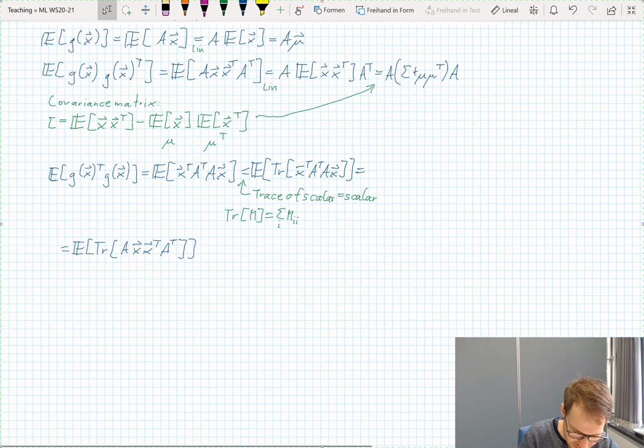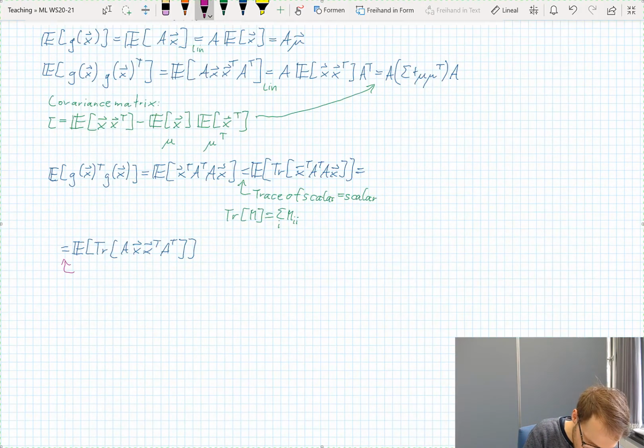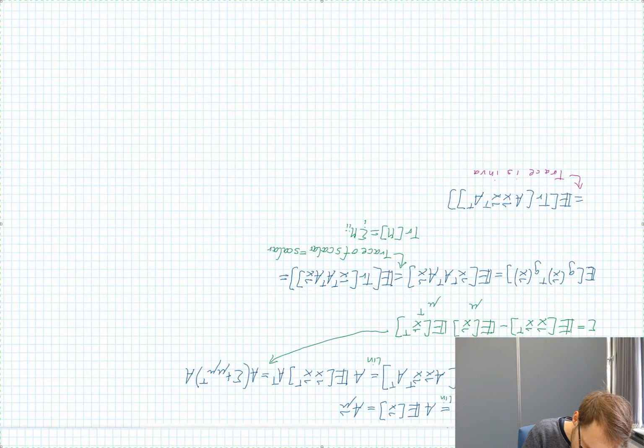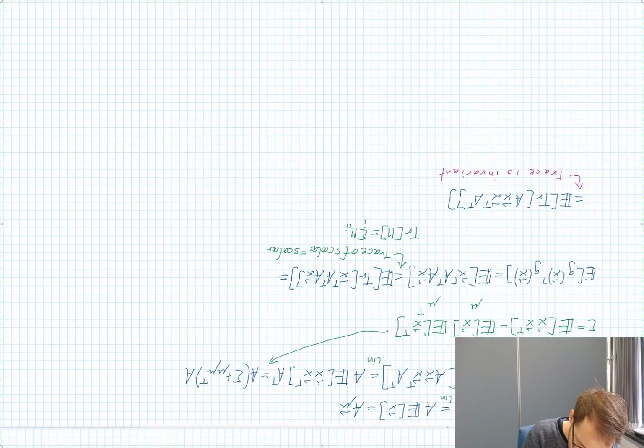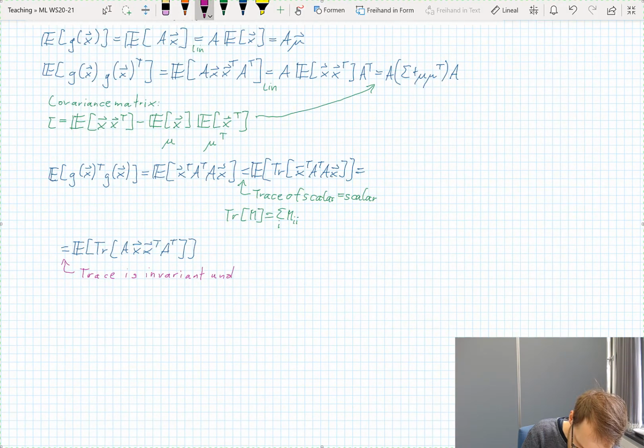So the reason for this is that the trace is invariant under cyclic permutation, which is a very useful property. But what does it mean?